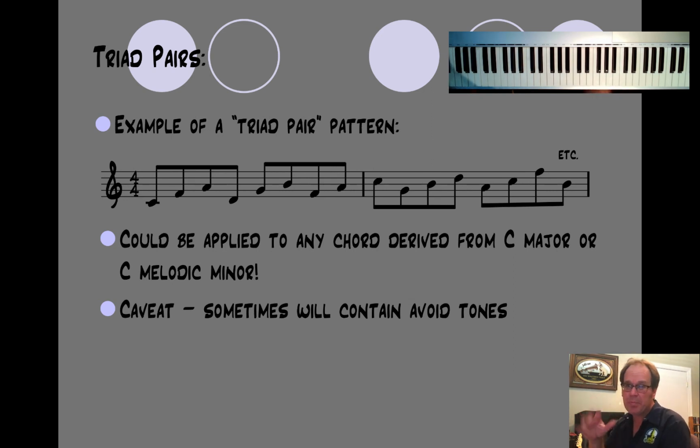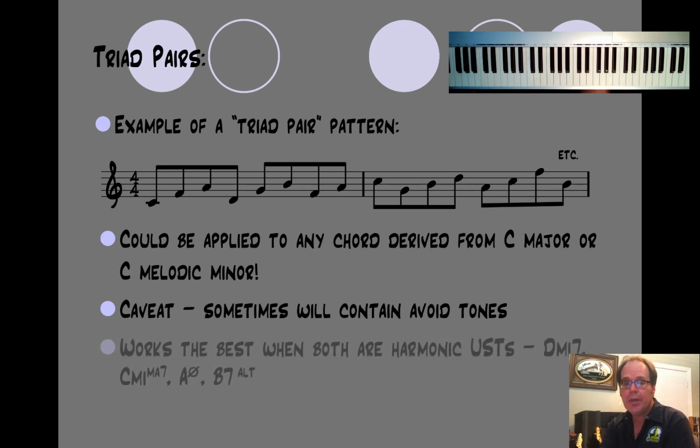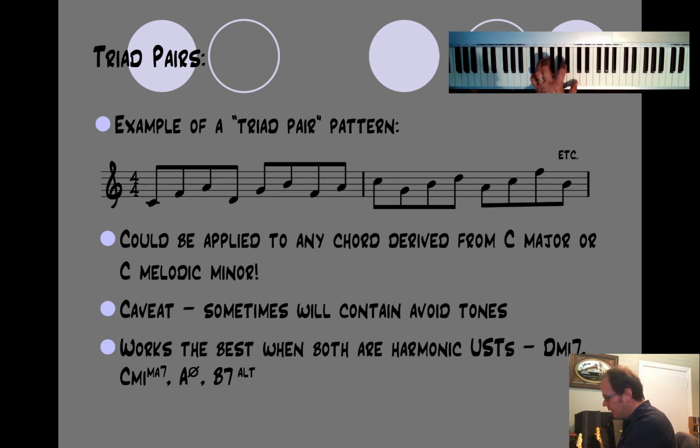So you kind of pick and choose your battles with this, right? When they're both harmonic USTs, such as I just talked about there, like Dorian, that works good. We could play that all day.